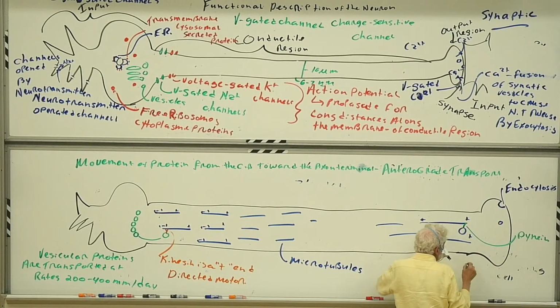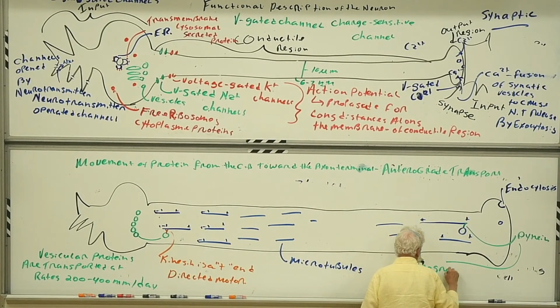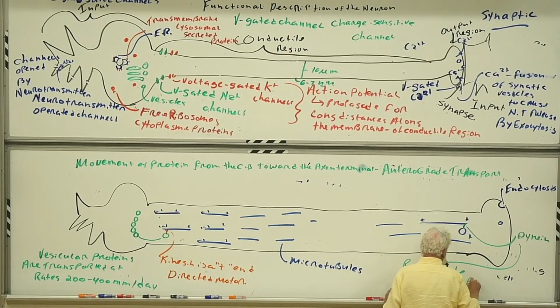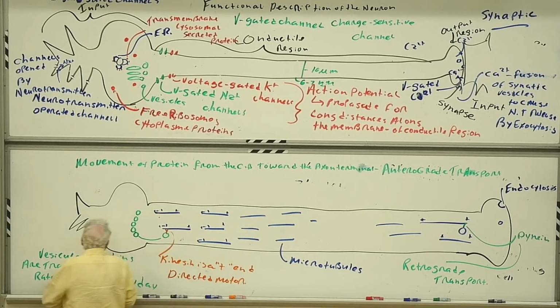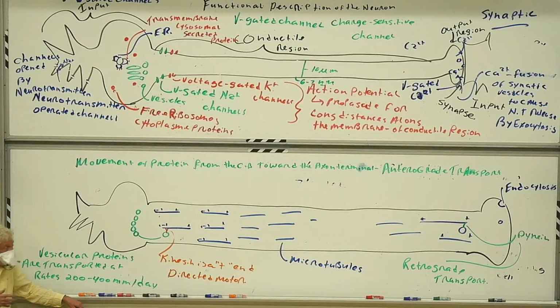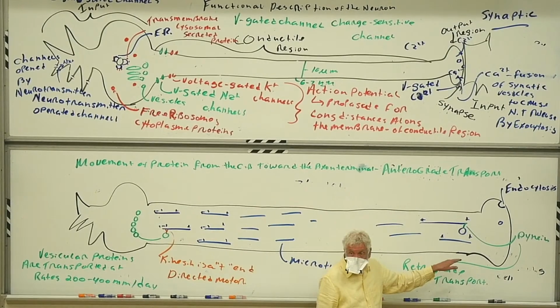And dynein is now responsible for what's known as retrograde transport. We most often emphasize these ideas of anterograde transport because the proteins are being made here and carried out, but the retrograde transport is really important.